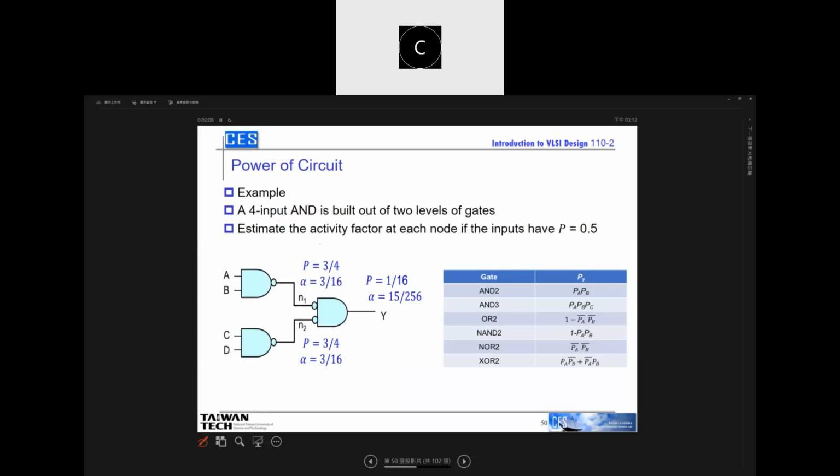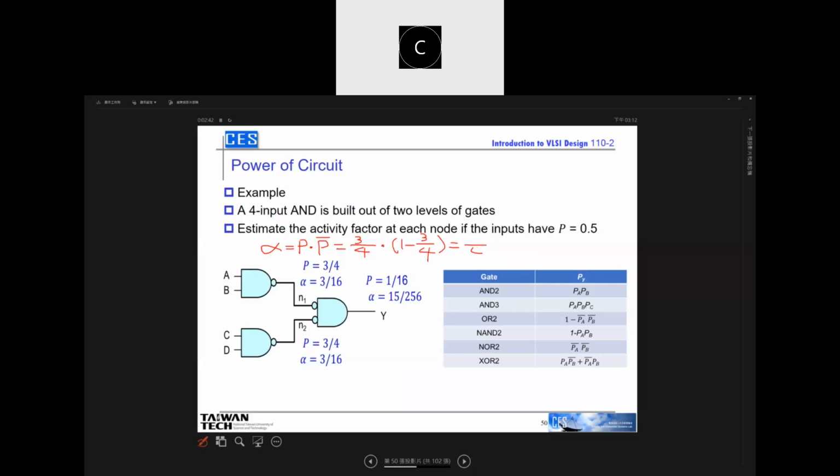Okay, but we want to calculate the value of alpha, right? So how do we calculate the value of alpha? Alpha equals P times P bar, right? And for this case, N1, the P is 3/4. And what's the P bar? P bar is 1 minus this, right?